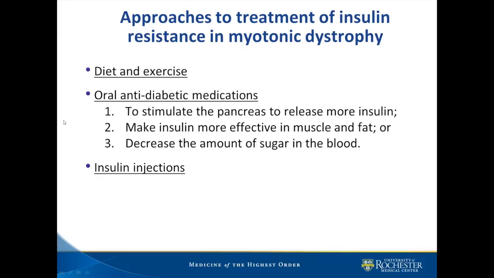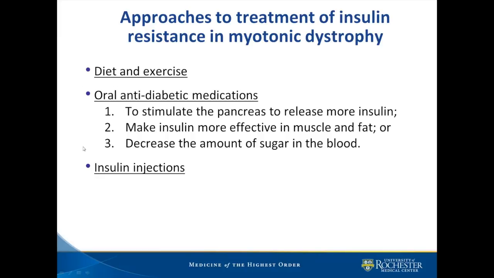There are a number of oral medicines that are given to treat type 2 diabetes. Some of those stimulate the pancreas to release more insulin. Some of those medications make insulin more effective after it's released, particularly effective in its ability to stimulate muscle and fat. And then there's also medications that, along with those actions that I've just mentioned, primarily decrease the amount of glucose in the blood.